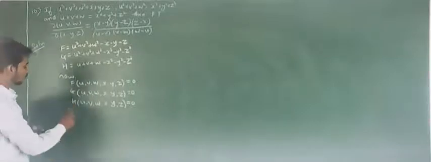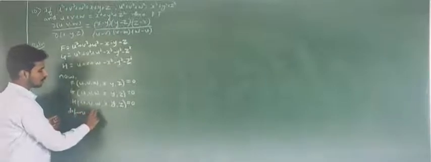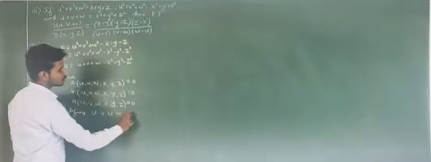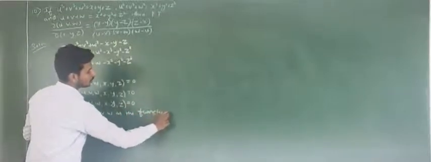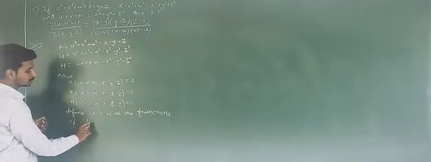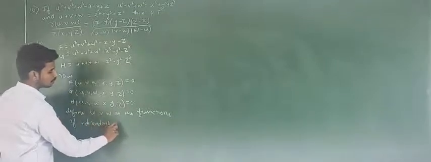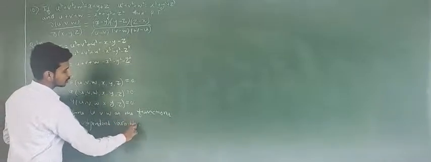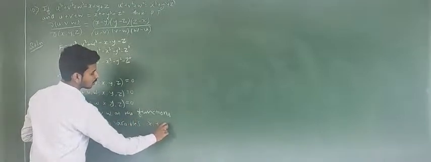Here now we will define the functions. We define u, v and w as functions of independent variables, and the independent variables are x, y, z.